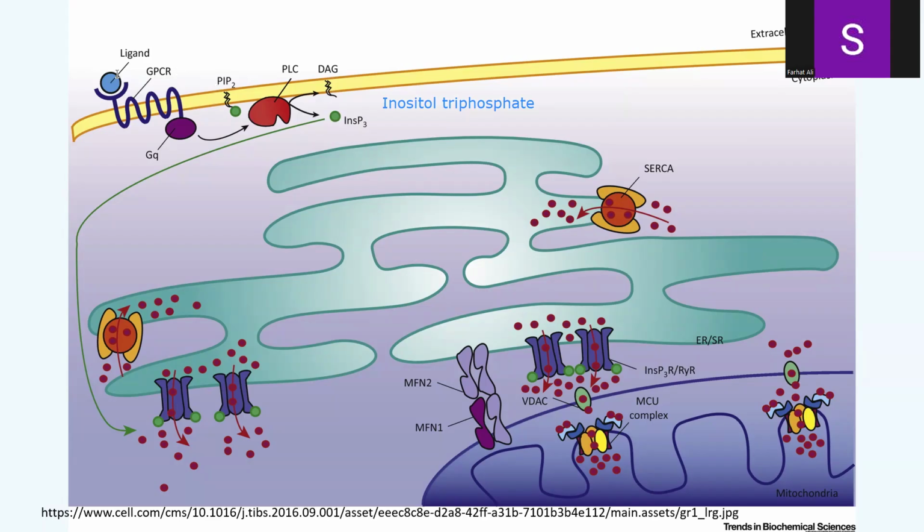So the receptor will be activated. It will activate another phospholipase. The phospholipase will break down the bond and release inositol triphosphate, which was actually a component of the polar head group of this lipid. So this will be released into the cell, and then it is going to bind to the channels on the membrane of the ER, and therefore calcium will be released from the ER.